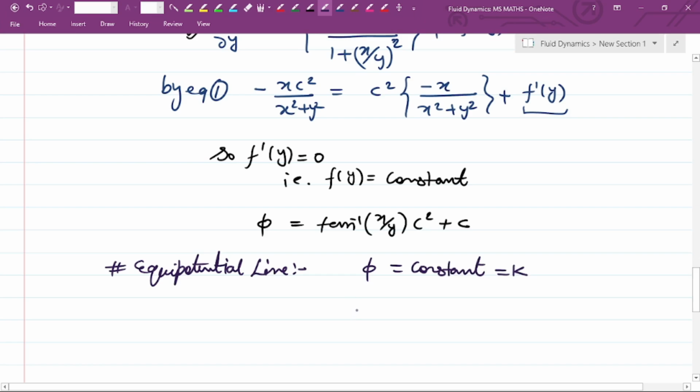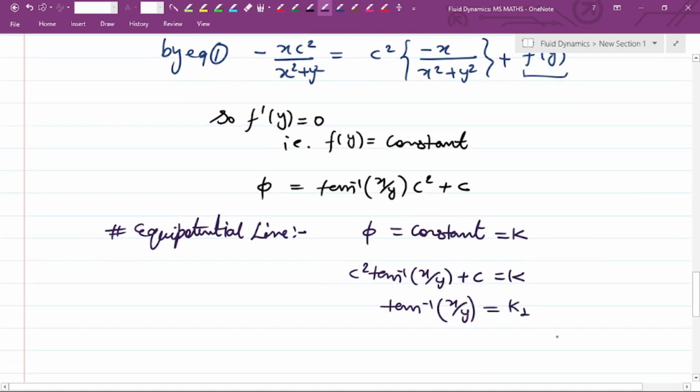So what is phi? That is c squared into tan inverse x by y plus c equals k. So tan inverse x upon y is some k1, because (k minus c) upon c squared is nothing but some constant k1, or it should be c dash, because c is also given in the question.